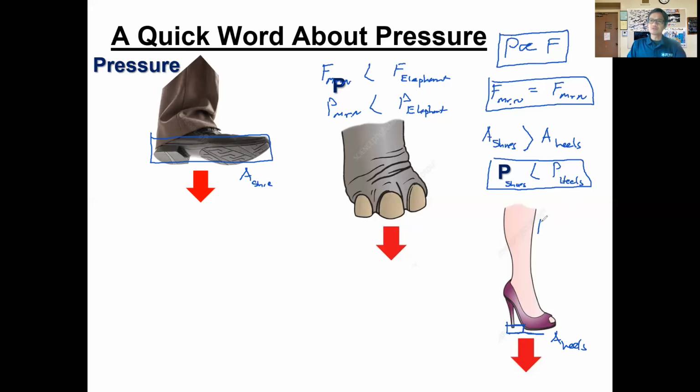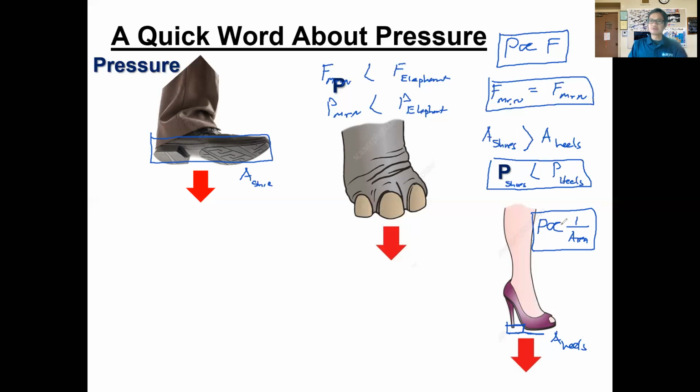And so pressure is also going to be affected. Pressure will also be determined by the area, but not directly like with the force; it's going to be inversely proportional. What does this mean? As the area over which we apply our force gets smaller, the pressure is going to increase.